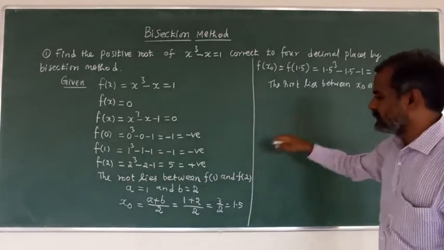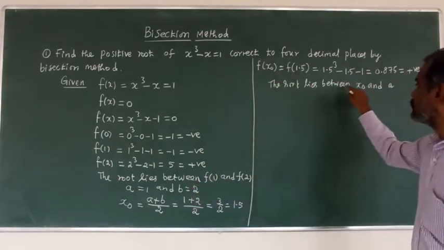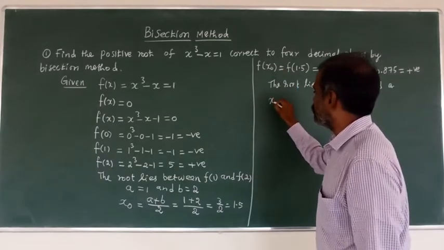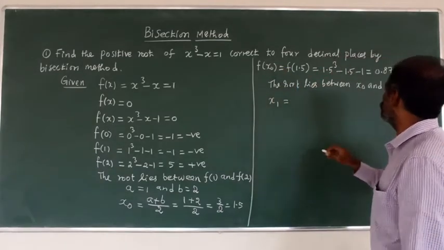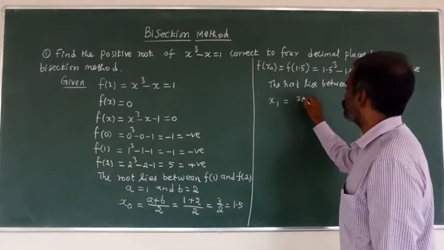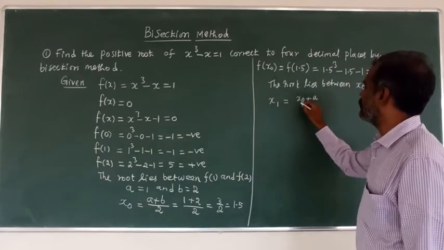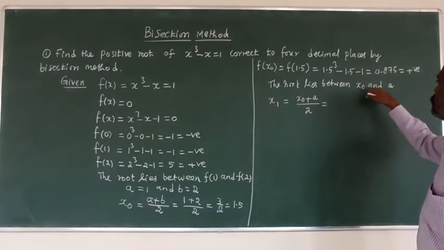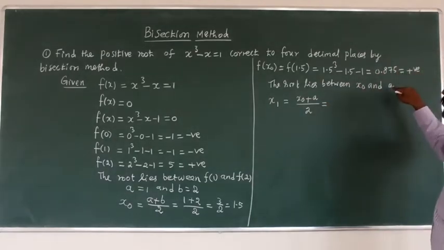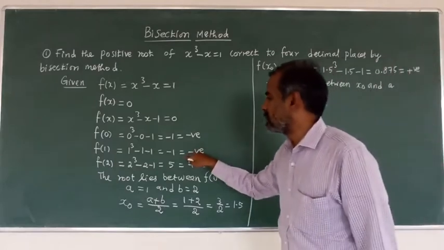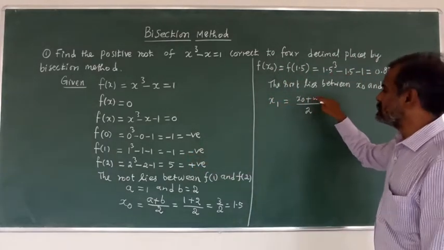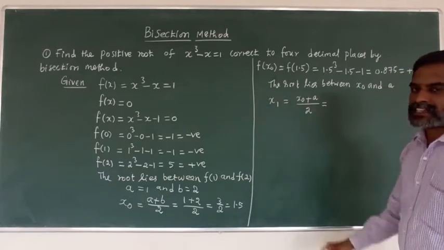Now b is replaced by the x naught value. Now the second, x1, equals x naught value plus a value divided by 2. X naught is positive and a is negative. So we take these two. Now the average of these two is x1.